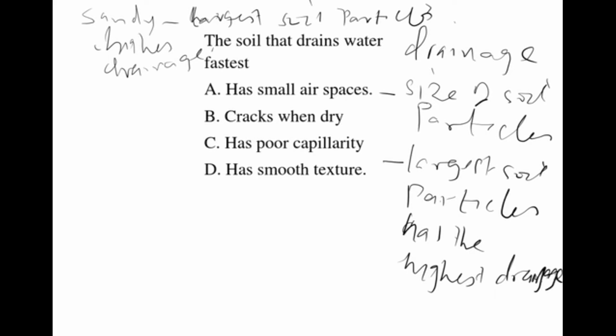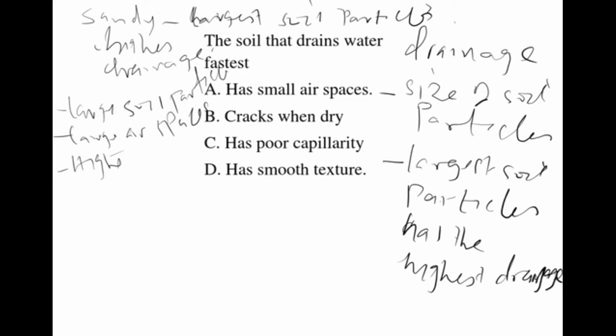So, looking at some of the characteristics of sandy soil, it has large soil particles. It has large air spaces. It has the highest drainage. It has the lowest capillarity.